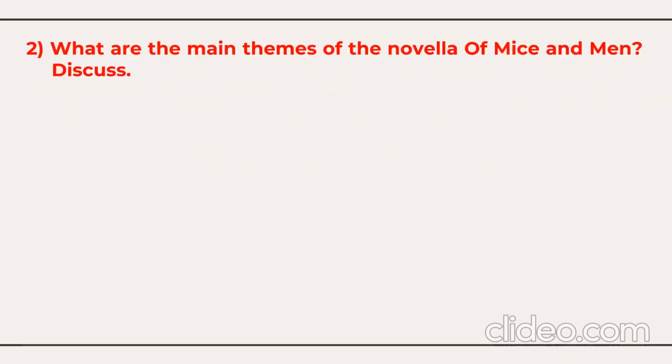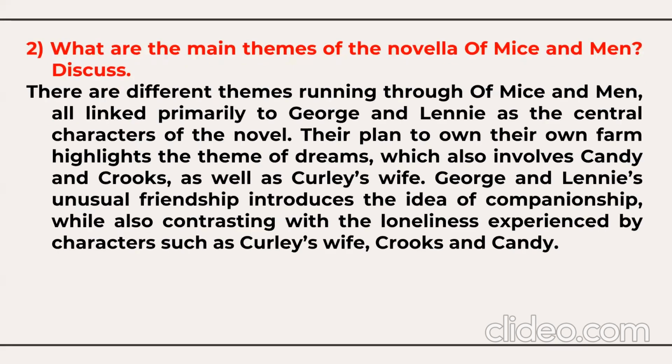Second question: what are the main themes of the novella Of Mice and Men? There are different themes running through the novel, and they are linked primarily to George and Lenny as the central characters. Their plan to have their own farm highlights the theme of dreams, which also involves Candy and Crooks, as well as Curly's wife.